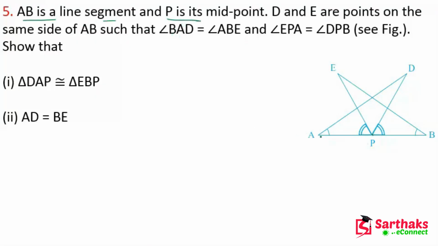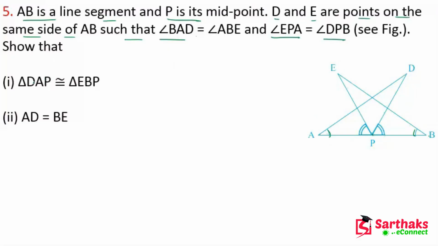Now D and E are points on the same side of AB, such that angle BAD equals angle ABE, and angle EPA equals angle DPB.